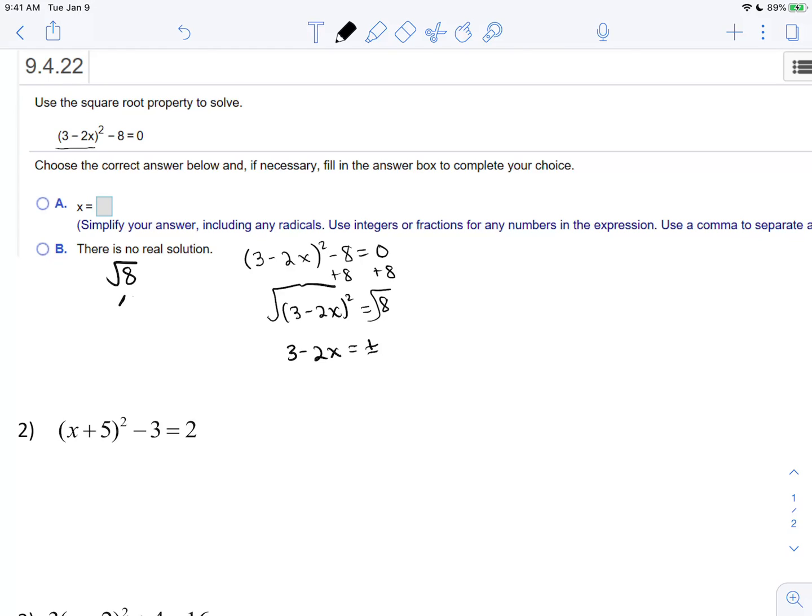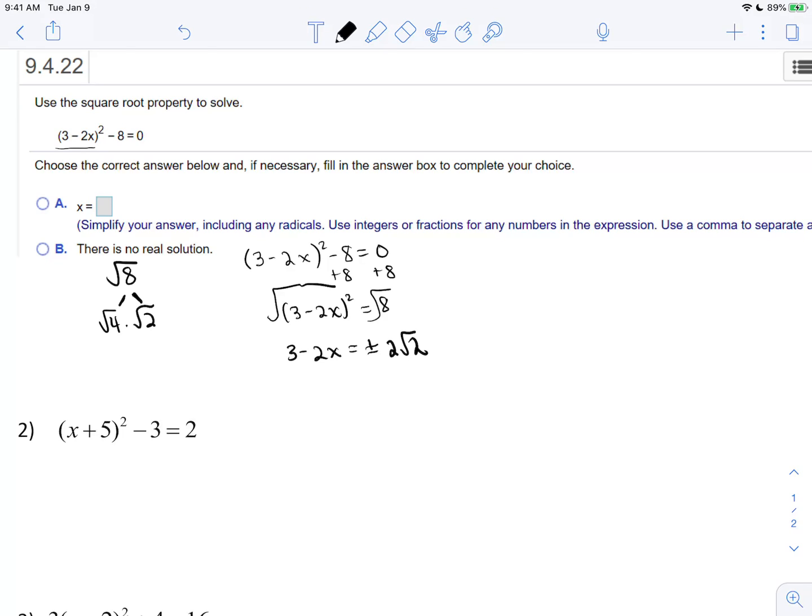And to simplify that, we want to break it into a perfect square with whatever else is multiplied to make that perfect square. So the square root of 8 is the square root of 4 times the square root of 2, right? Square root of 4 is 2, so we get 2 plus or minus 2 radical 2.